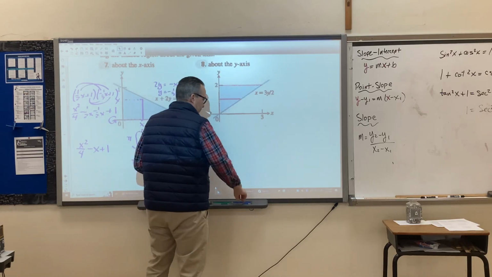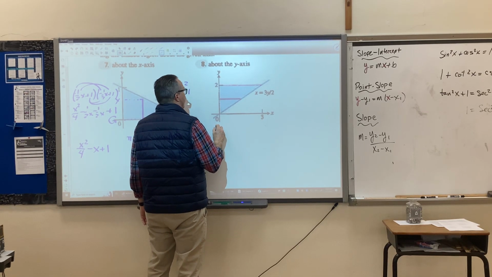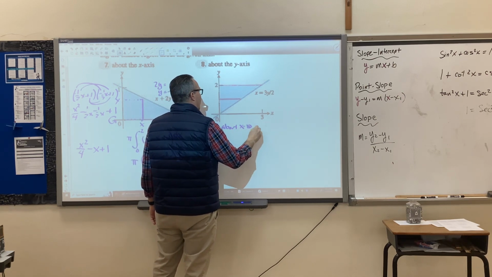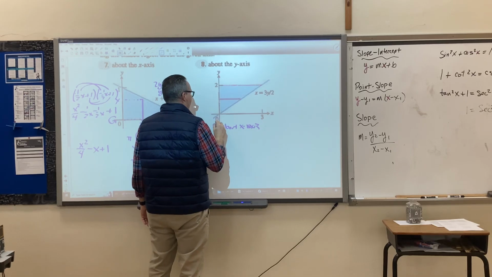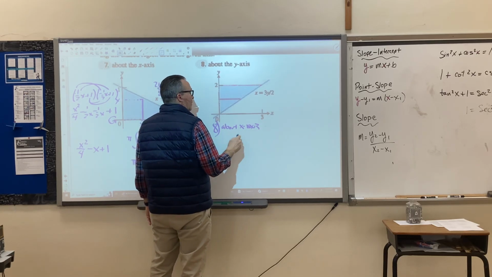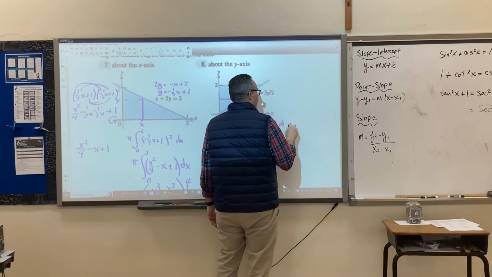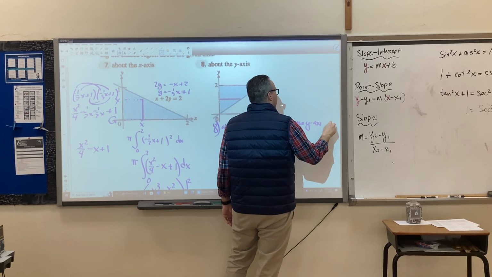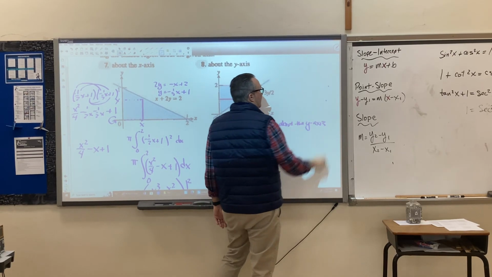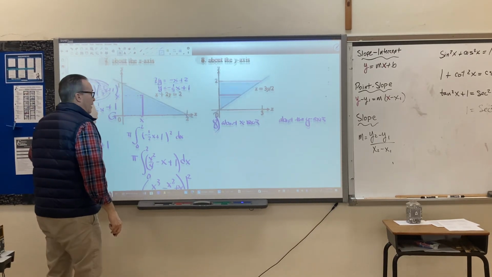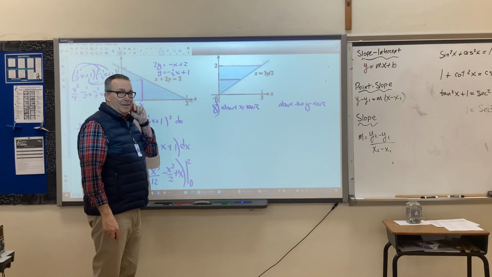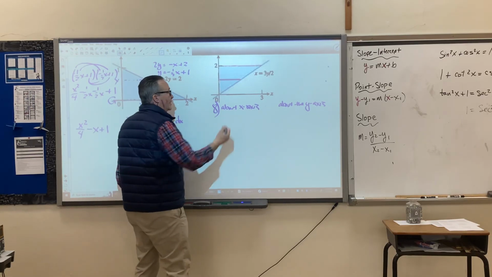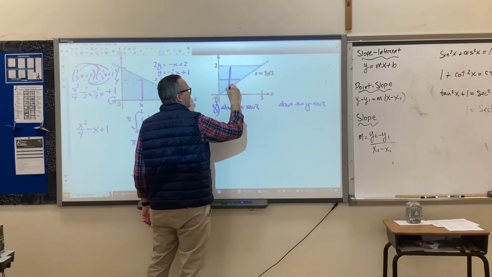Okay, so the x-axis. Anyway, if we go about the x-axis, our rectangles are perpendicular to the x-axis.